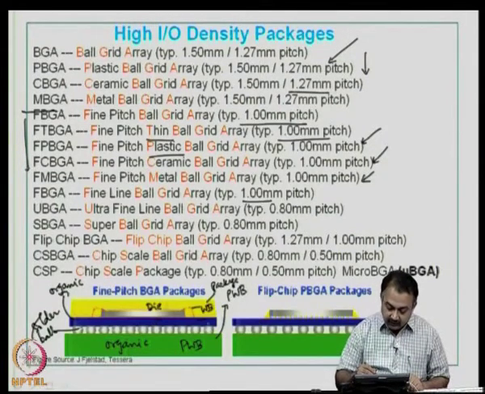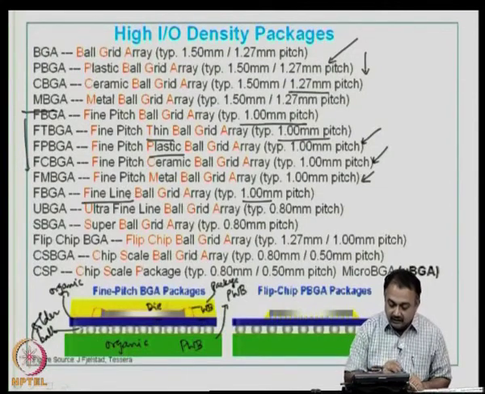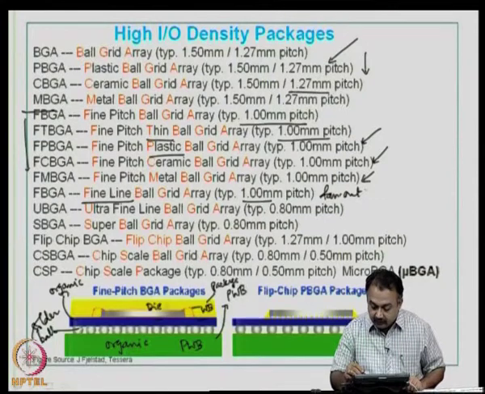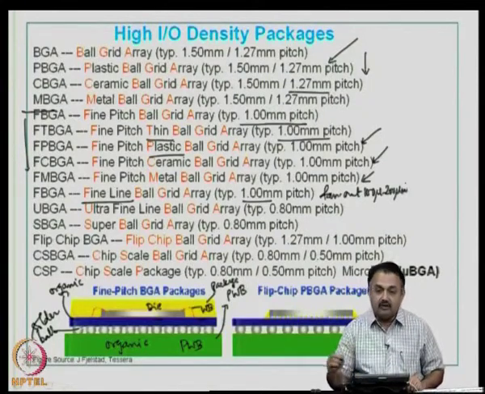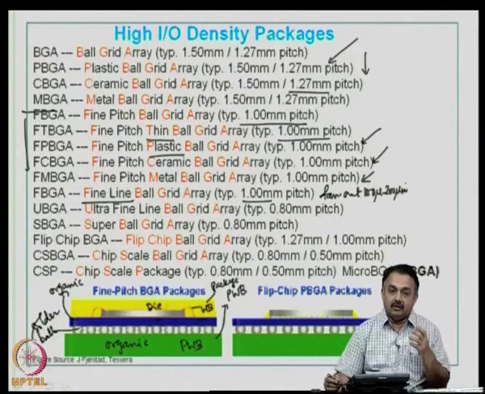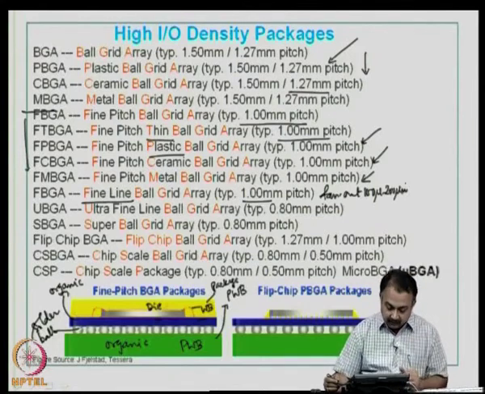Okay. So, in this particular construction, the fine lines are used, the conductor lines that are used to fan out are very small. Typically, it can use about 100 micron to 200 micron conductor traces to fan out the IOs from the die to the ball grid arrays.